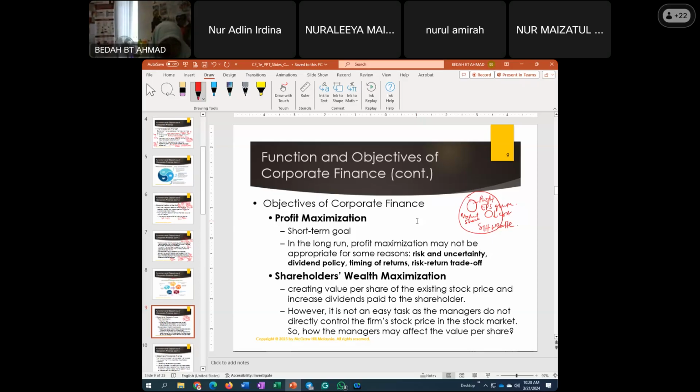So timing of returns means that profit maximization does not consider the timing of returns. For example, an increase in the short-term profit may be done at the expense of the long-term profit. For example, sometimes a company wants to reduce the cost of research and development, R&D cost.